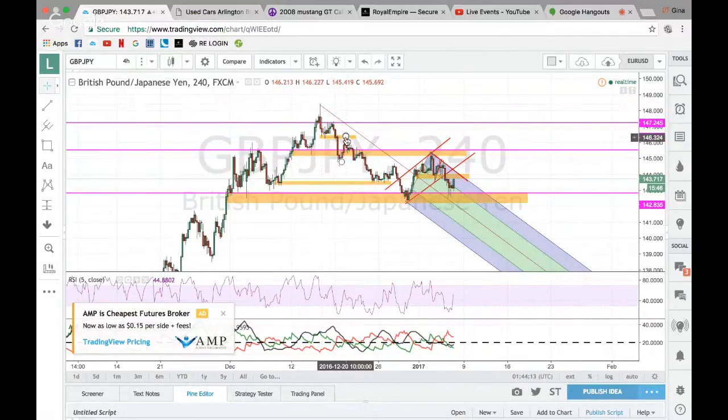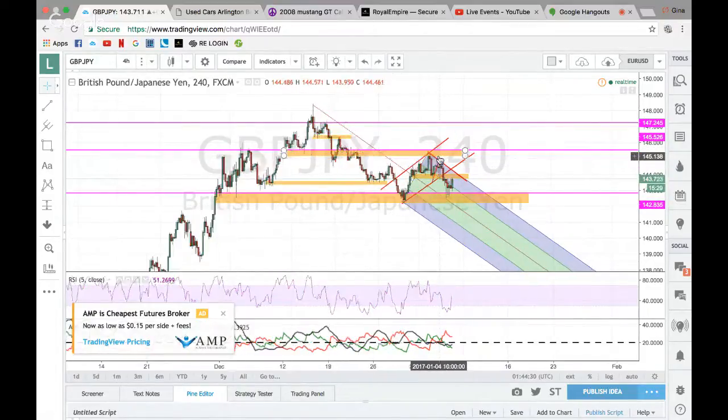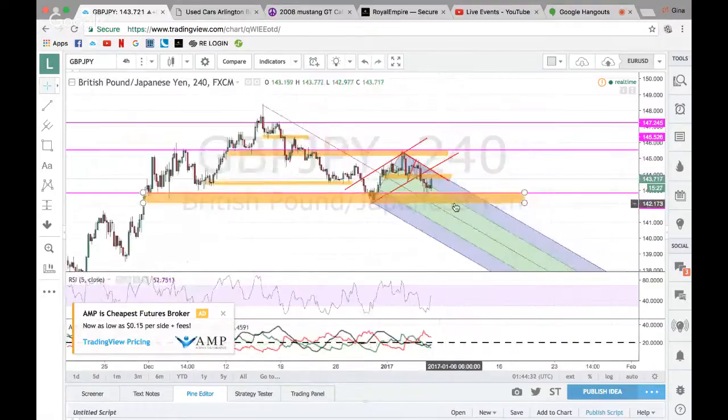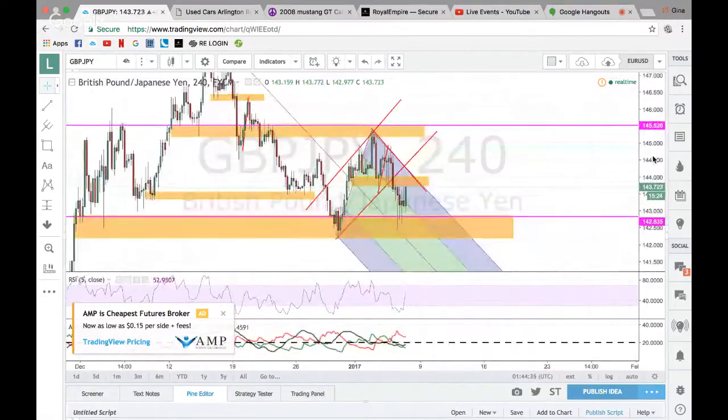We got a lower high. So now we could have a potential downtrend. This hasn't started yet because we want to see a lower low. And as you can see, we got a lower low, then a lower high, then another lower low. Now we have a high that's bigger than this one, but I'm starting to see that this could be a potential sell. It's in favor of the downtrend.